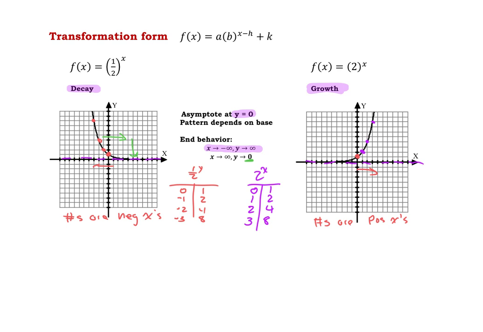The same thing occurs here. As x goes to the left, my y is going to the asymptote. So this would be as x approaches negative infinity, y approaches the asymptote. And then as x goes to the right, y is going up. So as x approaches infinity, y is going to infinity.